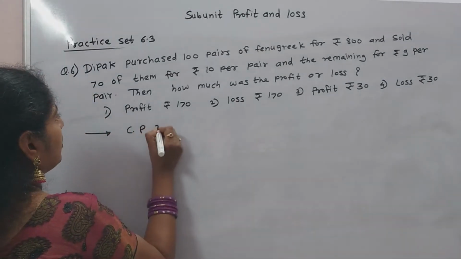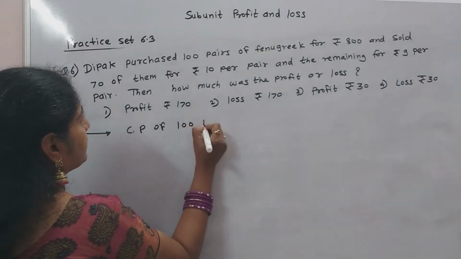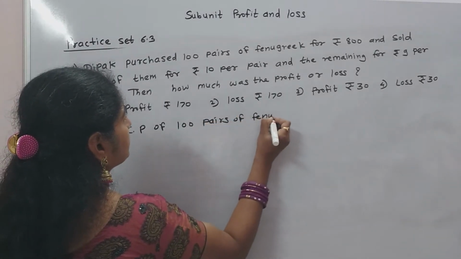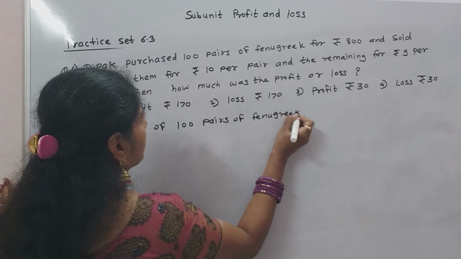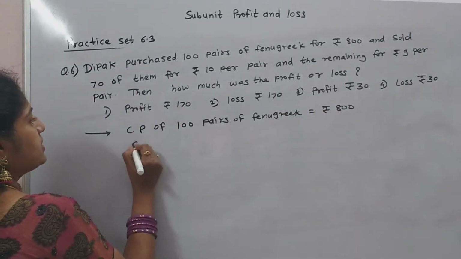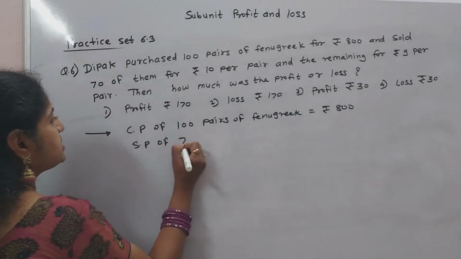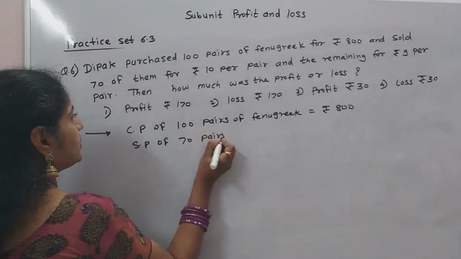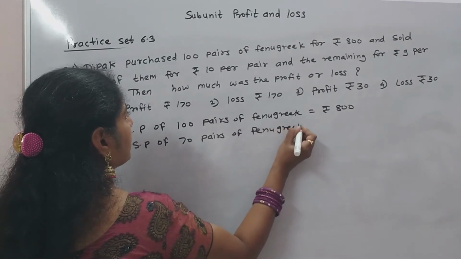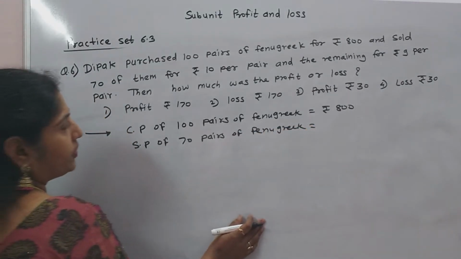Cost price of 100 pairs of fenugreek, rupees 800. Selling price of 70 pairs of fenugreek at the rate of 10 per pair.